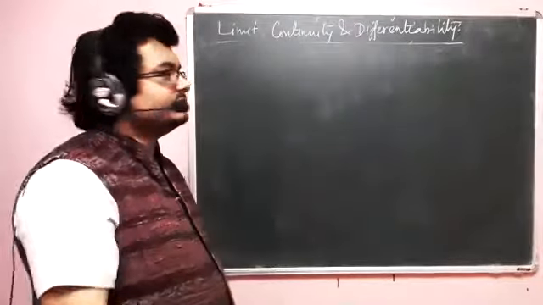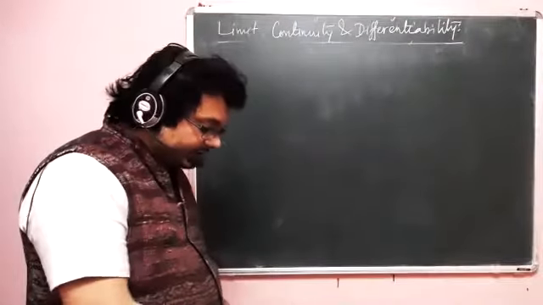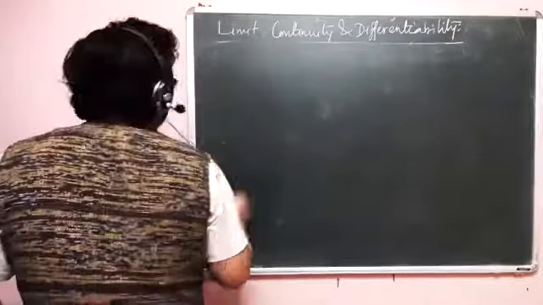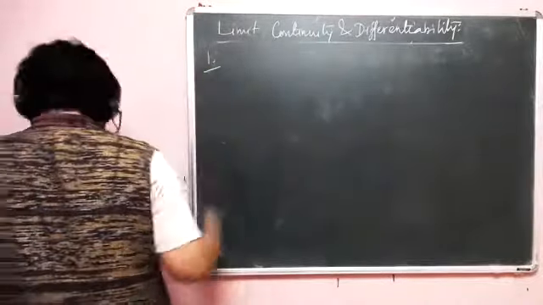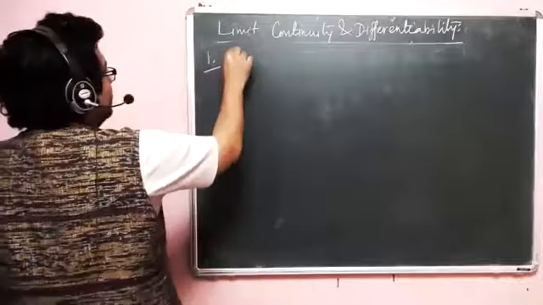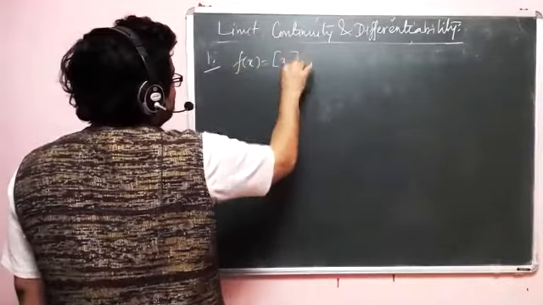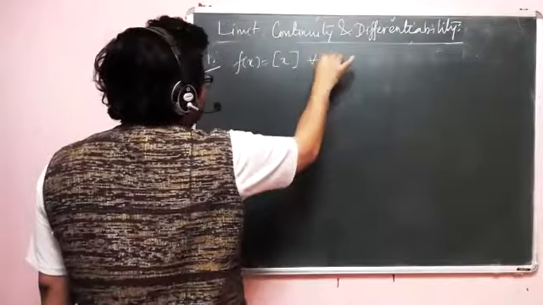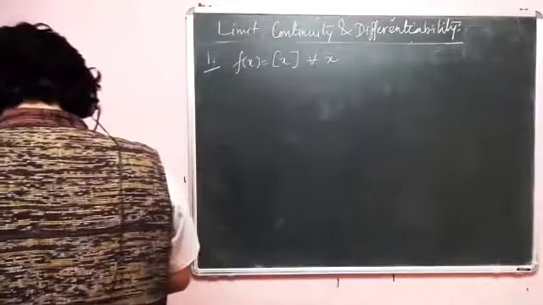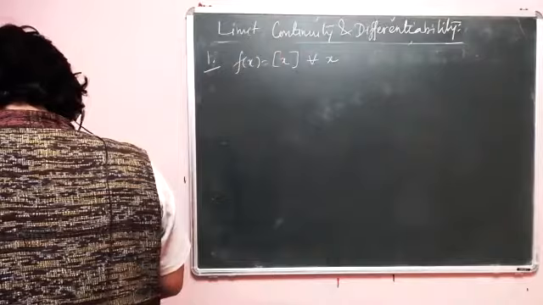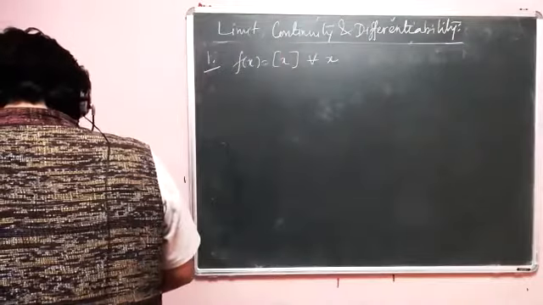So now we look on to three problems. The first one is the same one: f(x) = box x, for all x. Okay.